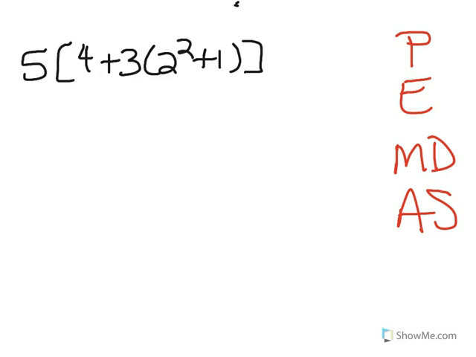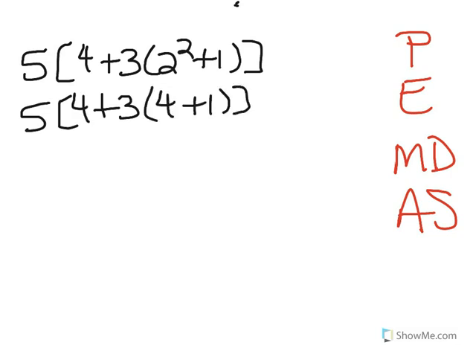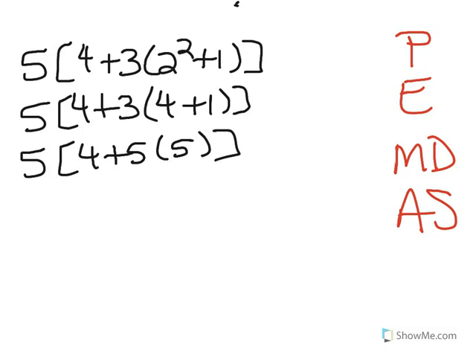Here's another example of nesting. Again, what's inside the parentheses must be done first. And the first thing that has to be done inside the parentheses is 2 squared, which is 4. Now inside the parentheses we have 4 plus 1, which is 5. Now we're working inside the brackets.